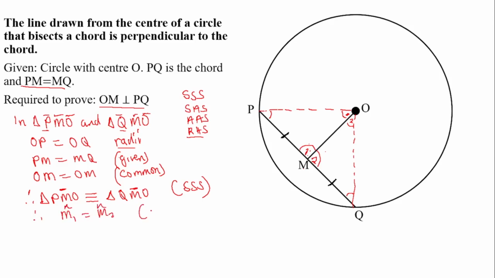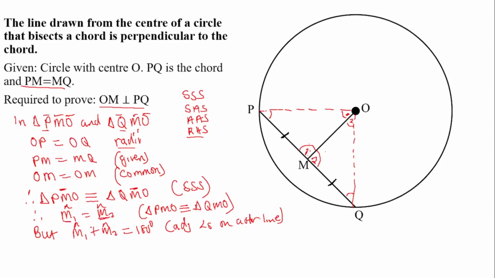And then what's the reason? Because triangle PMO is congruent to triangle QMO. Okay? But check angle M1 and M2. These are adjacent angles on a straight line. So we can say, but angle M1 plus angle M2 is equal to 180 degrees since these are adjacent angles on a straight line. But we said M1 is equal to M2.